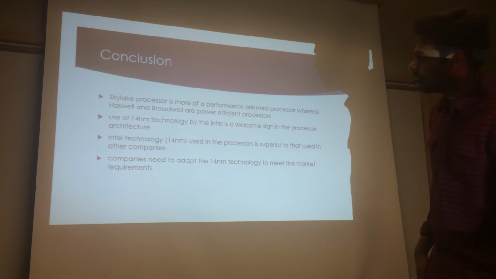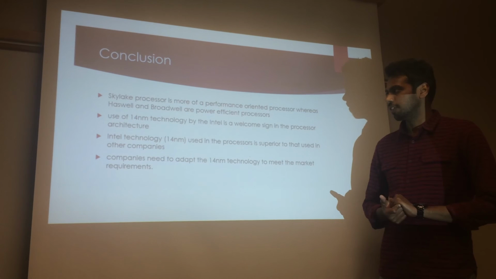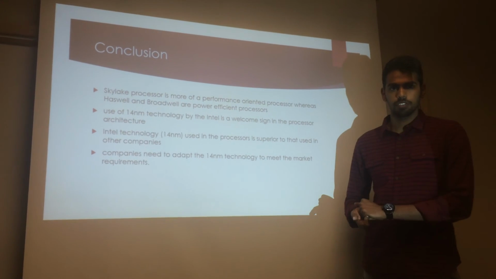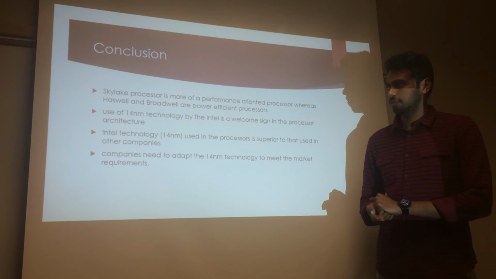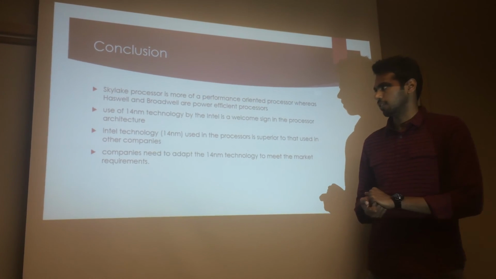And overall, to conclude, performance wise, Skylake is way better because it's a performance oriented processor. All the microarchitecture features were changed accordingly, whereas Haswell and Broadwell were power oriented processors.